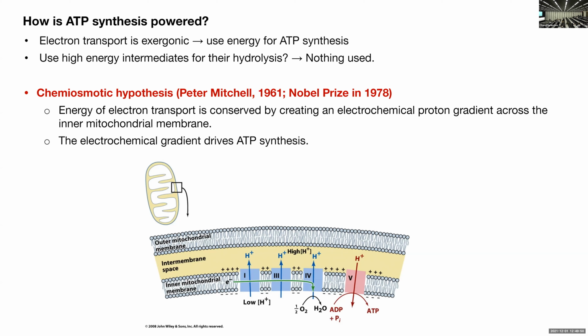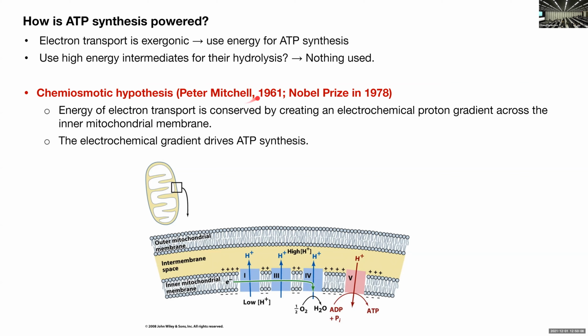So that's why it's not substrate level phosphorylation, but the oxidative phosphorylation that actually drives the ATP synthesis. So nothing could be seen for these high energy intermediates that provide a phosphate group. So that must be something else, right?